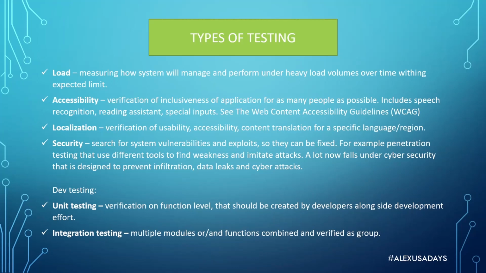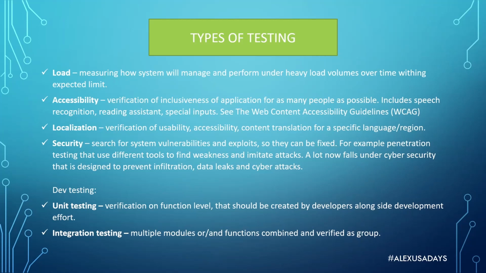And there are also QA positions that just do that localization testing. Then there's security testing, and security testing is a search for system vulnerabilities and exploits so they can be fixed early. For example, penetration testing that uses different tools to find weaknesses and imitate attacks. So there are tons of different tools to perform different types of security testing.